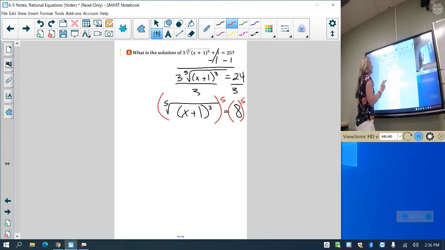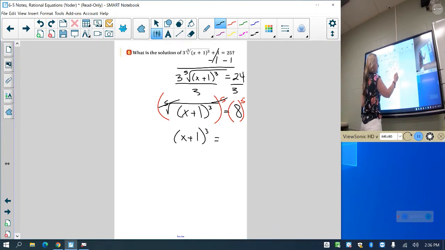Now, if you want to plug that into a calculator, 8 to the 5th, you can, but I would leave it for just a second. I would just leave it 8 to the 5th, because we have to take the cube root of this, because the opposite of cube is cube root. When I take the cube root, it's going to simplify that, and I won't need a calculator.